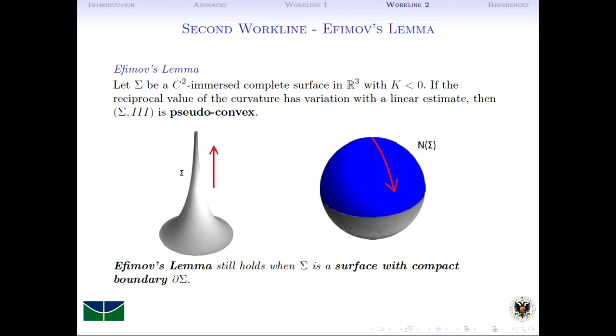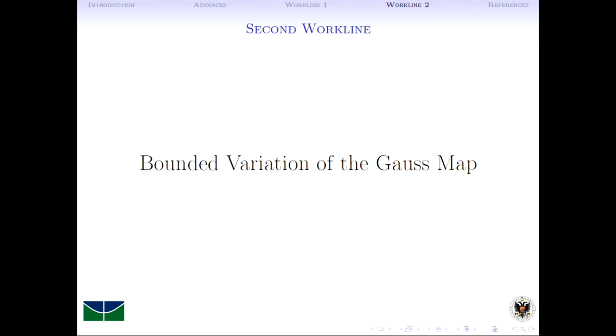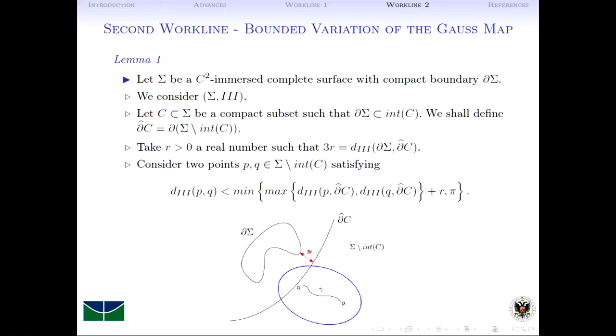This proof is based on the construction of a special C1 immersion of one special region G in R2. That construction is local, so we could adapt this result to the new hypothesis, allowing some compact border of the surface. Now we can say that the Efimov lemma still holds when we allow some compact boundary on the surface.